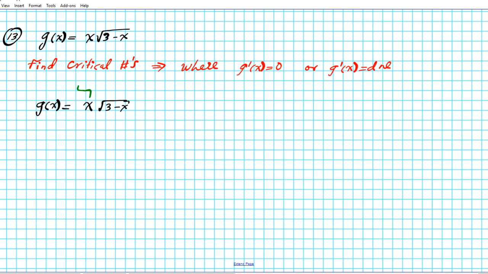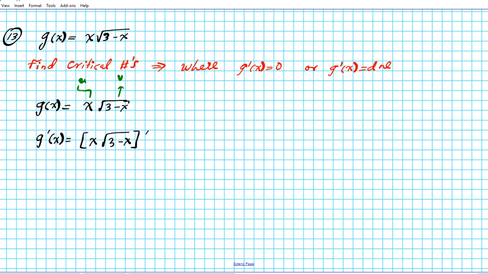The first function is u, and the second function is v. So if we want to differentiate the function, g prime of x is going to be x root 3 minus x, prime.